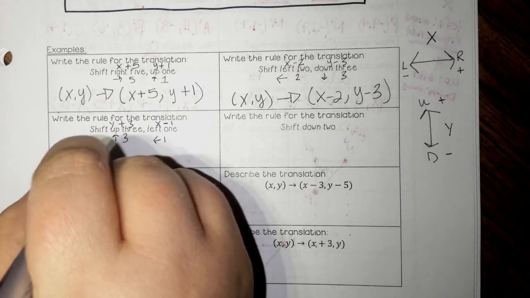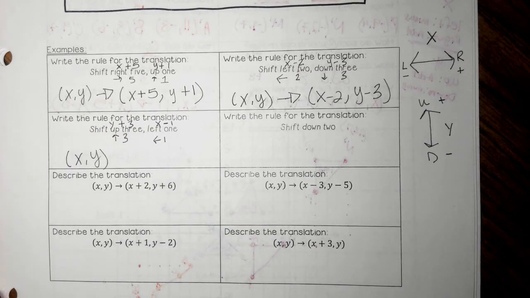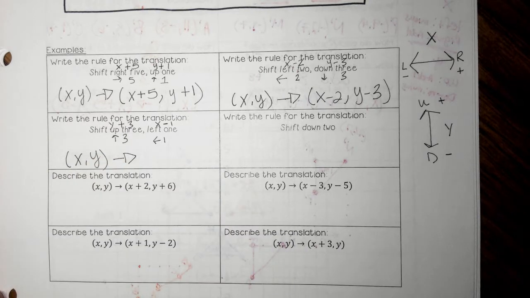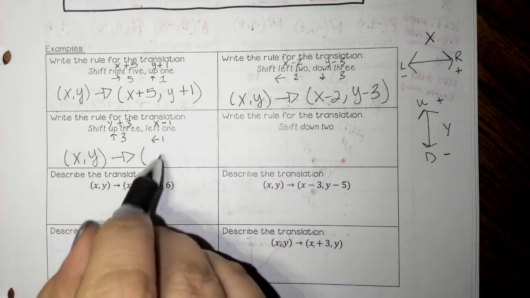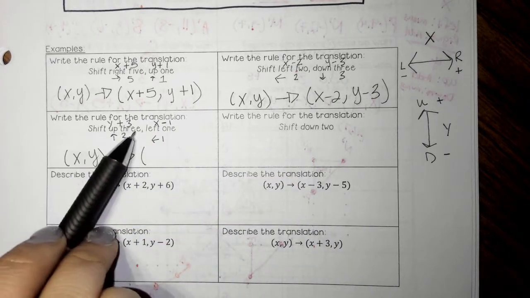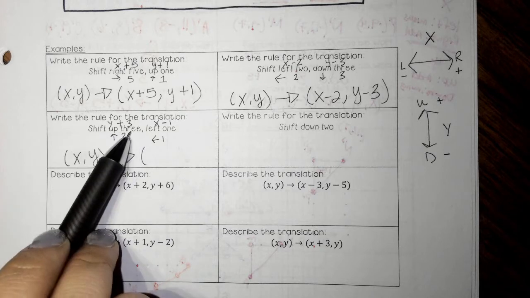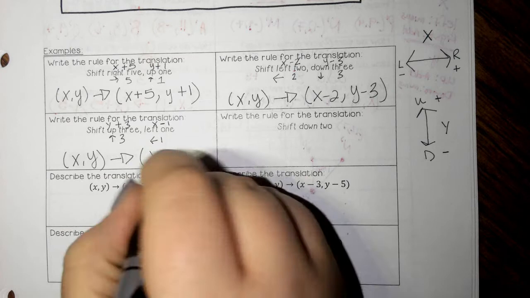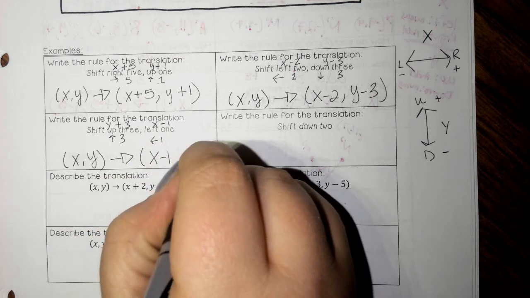We start with (x, y). That's every ordered pair. There's a translation, so some sort of transformation is happening. I draw my arrow. X values always go first, so even though the information gave me something about the y value first, we're still going to write x minus 1 before we write y plus 3.